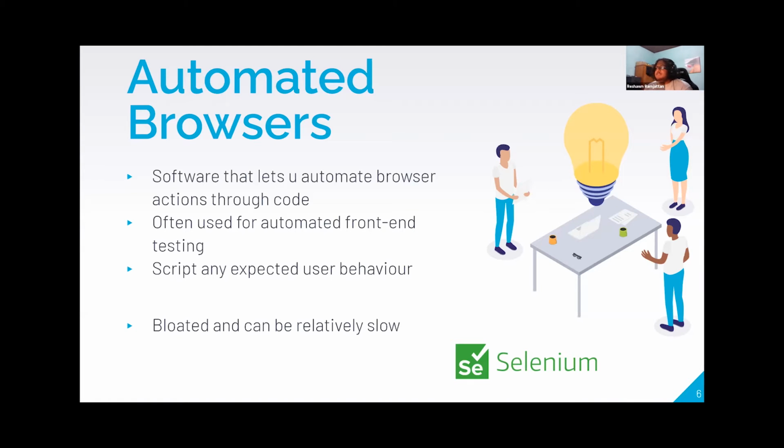When it comes to that type of user behavior, one method to get around it and still scrape stuff is by using automated browsers like Selenium. This allows you to script those user actions, like clicking on stuff or scrolling around with your code, and automatically run it like normal.